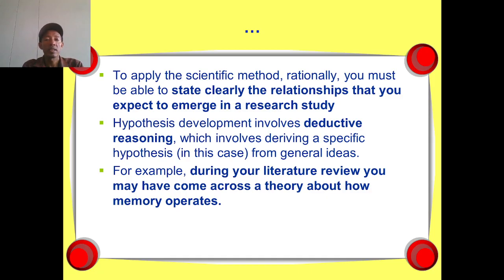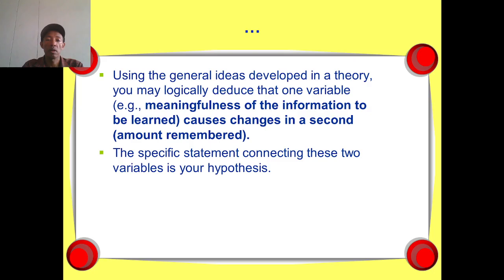And this topic, that is, do children who observe violent films or movies manifest more aggressive behavior than children watching normal films or romantic films, is derived from social learning theory. Another example is during your literature review, for instance, you may have come across a theory about how memory operates. And therefore, you may state a specific hypothesis logically from that grand theory.